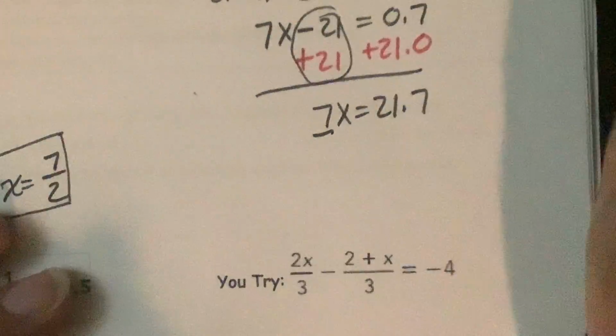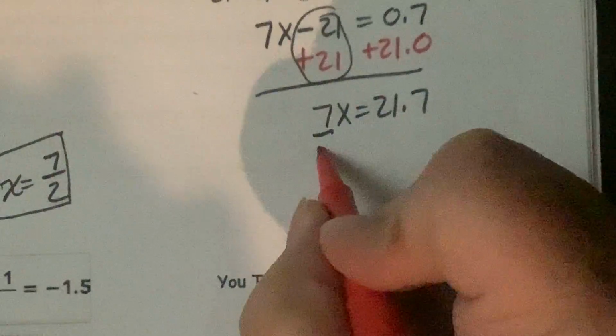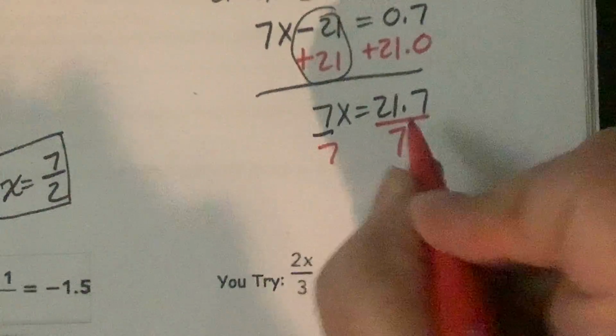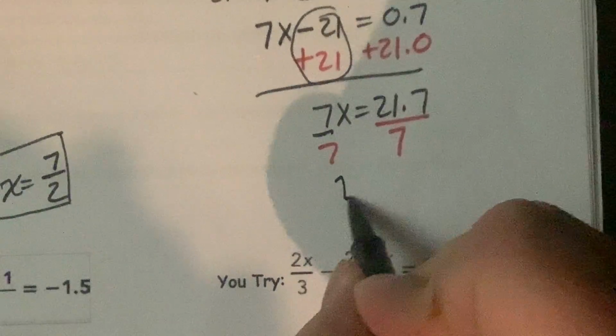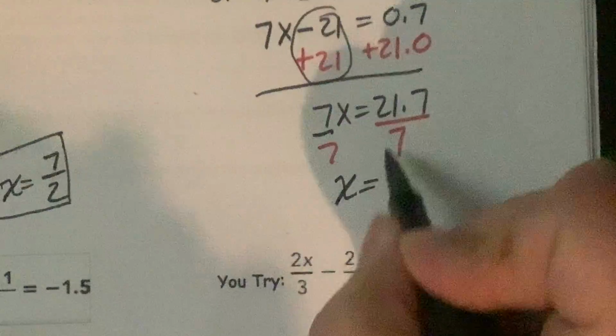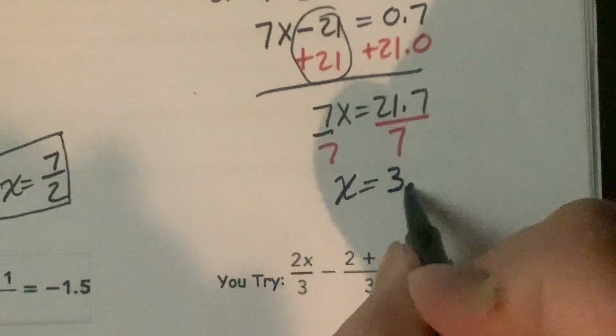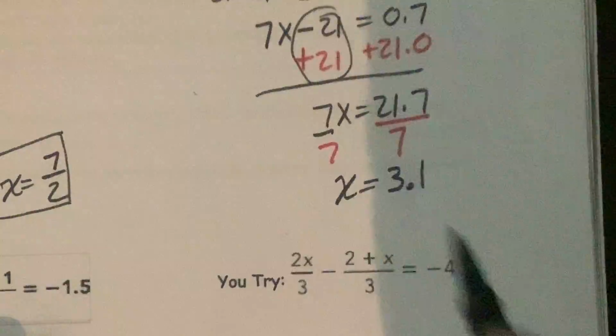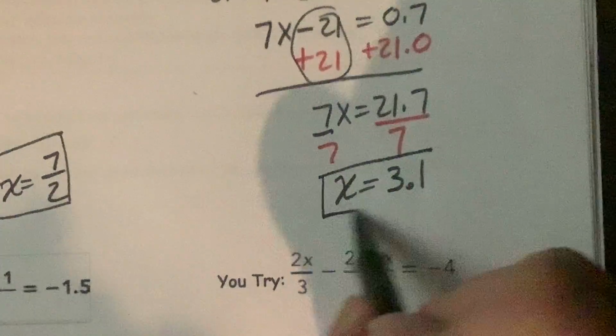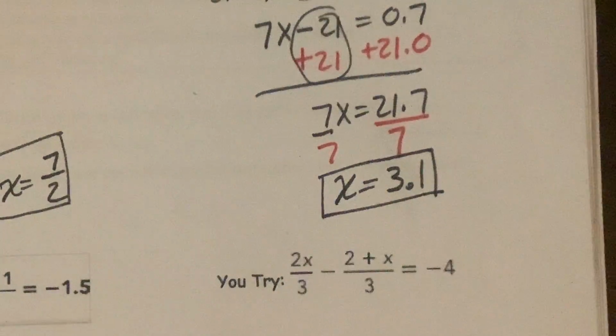Divide by 7 on both sides. And what do you get? Well, 7 goes into 7 once, I get x. 7 goes into 21 3 times. 7 goes into 0.7 once. 3 1/10. And that is looking like a good answer to me.